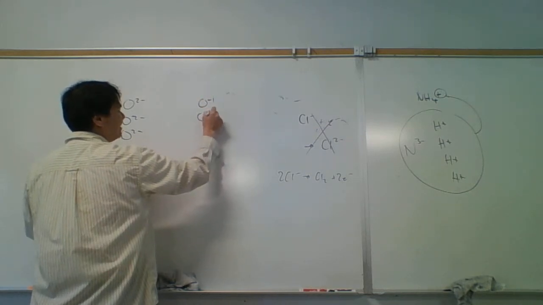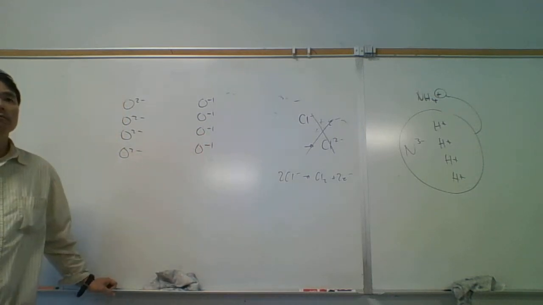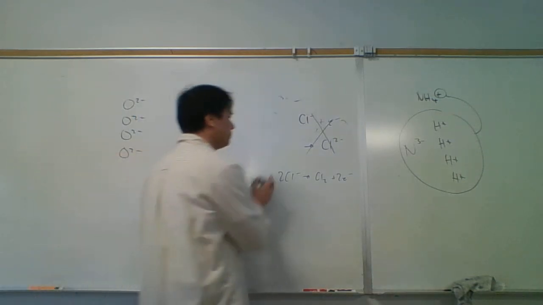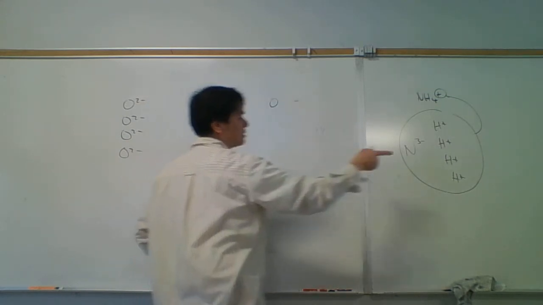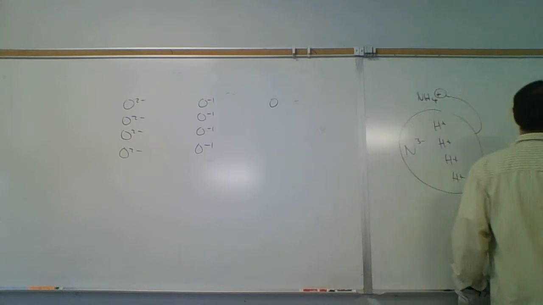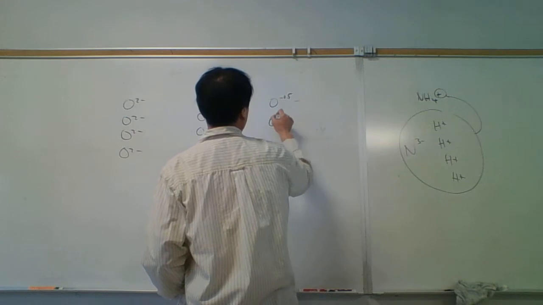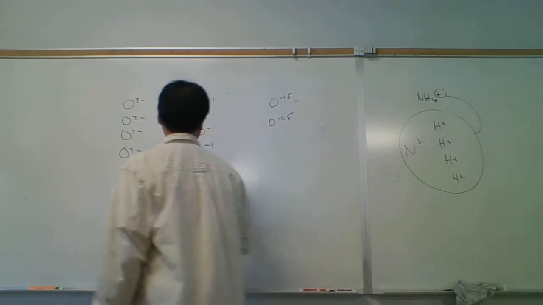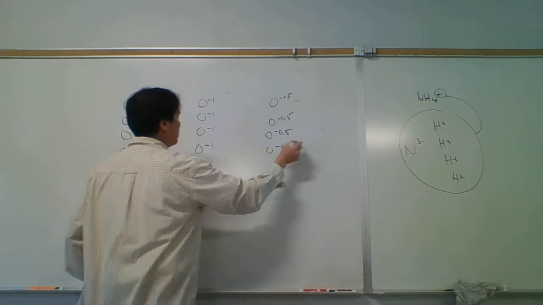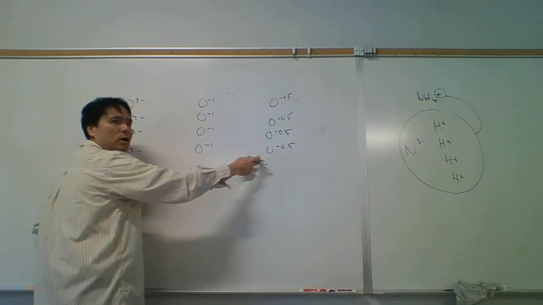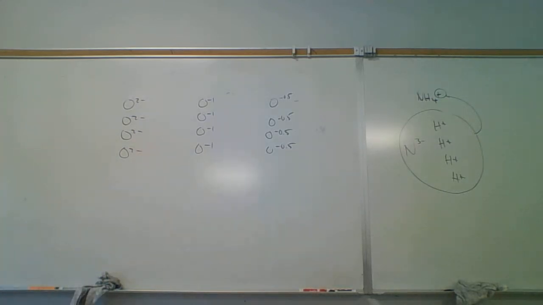A peroxide would have oxygen in the -1, so we have 4 of peroxide type. Or we could have superoxide. Superoxide is O2 minus 1, that means each oxygen is minus 0.5. Well, how do you get that? Well, it has to do with the structure, which I'm going to talk about right now. But this would be superoxide. So this is oxide, peroxide, superoxide. That's what we have. And so that's going to change it.